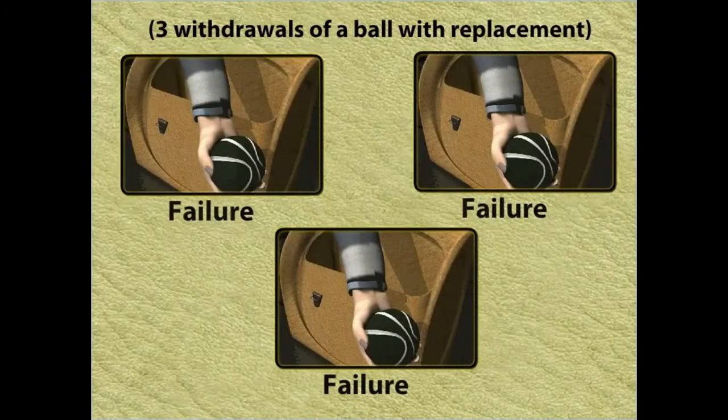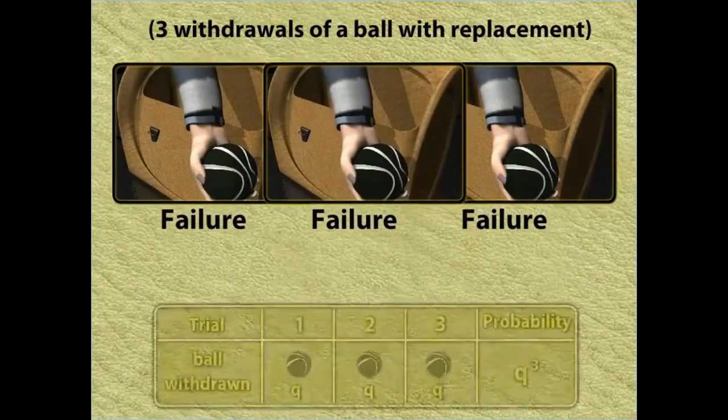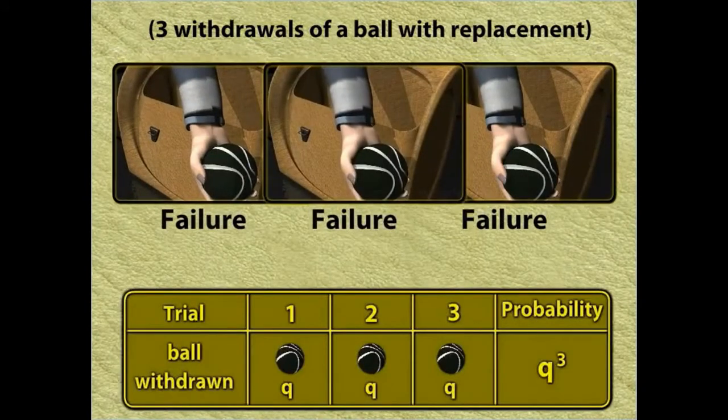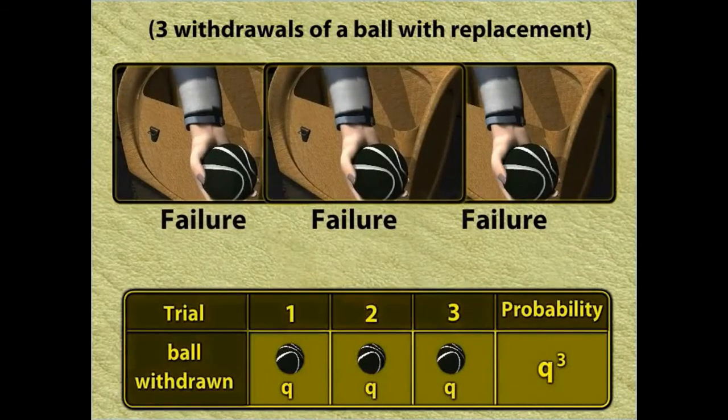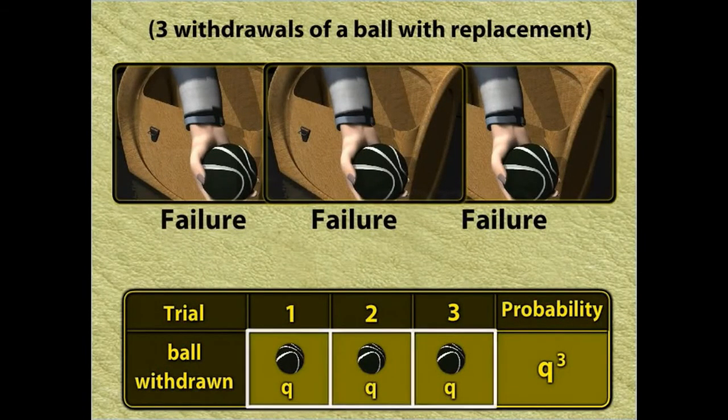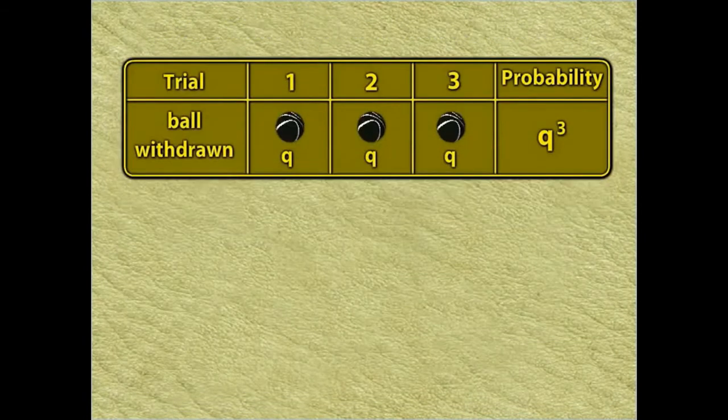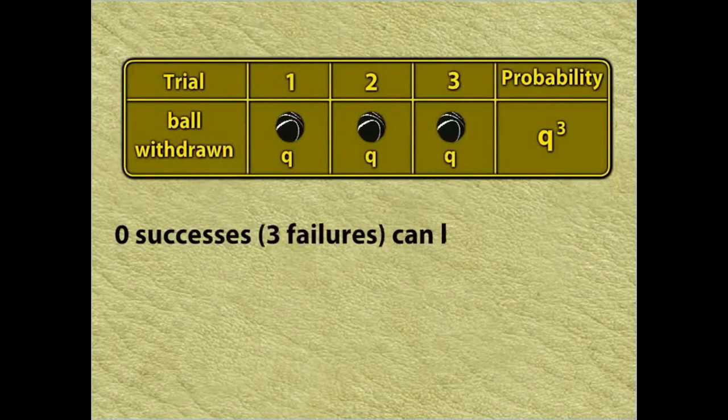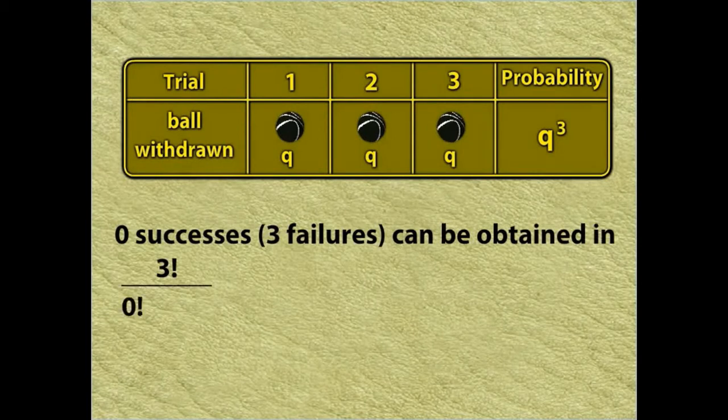Consider a case of getting 0 successes or 3 failures. 3 failures can occur only in one combination, or you can say that the possible combinations for 0 successes are 3 factorial upon 0 factorial into 3 minus 0 whole factorial, that is 3C0.